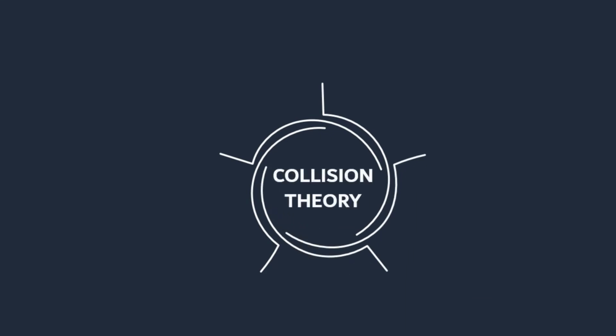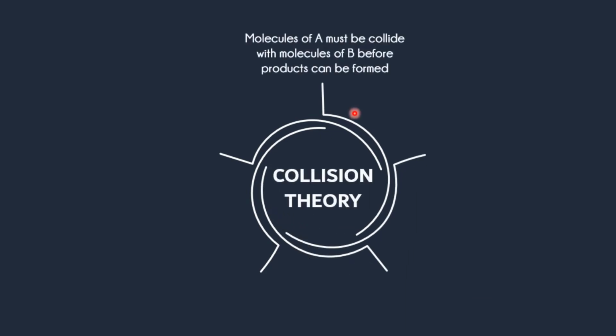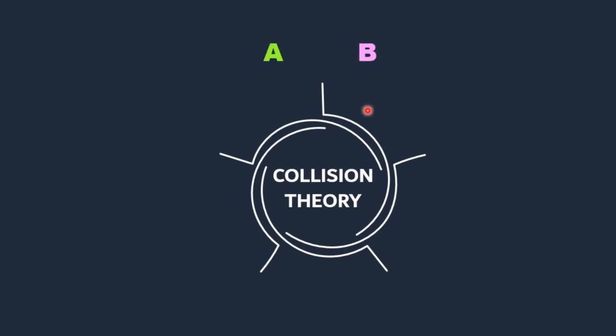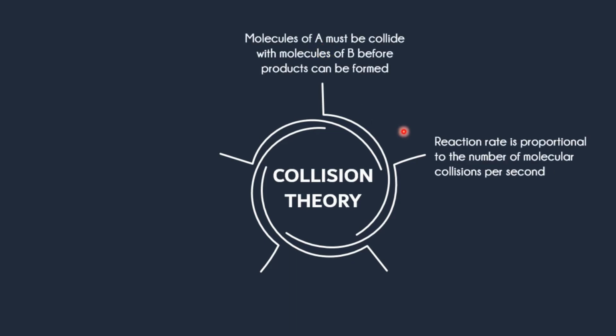Collision theory. Number 1, molecules of A must collide with molecules of B before products can be formed. So A must collide with B so they can form C. Next, reaction rate is proportional to the number of molecular collisions per second.